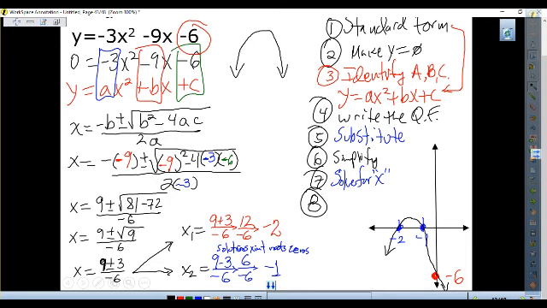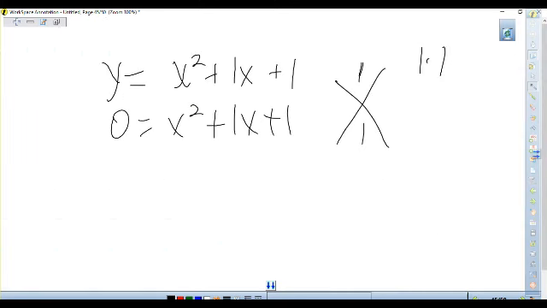How did you get square root of 9 on the right? What is 81 minus 72? 9. So when would you use the quadratic formula? The question was, why would you use the quadratic formula? When factoring doesn't work.